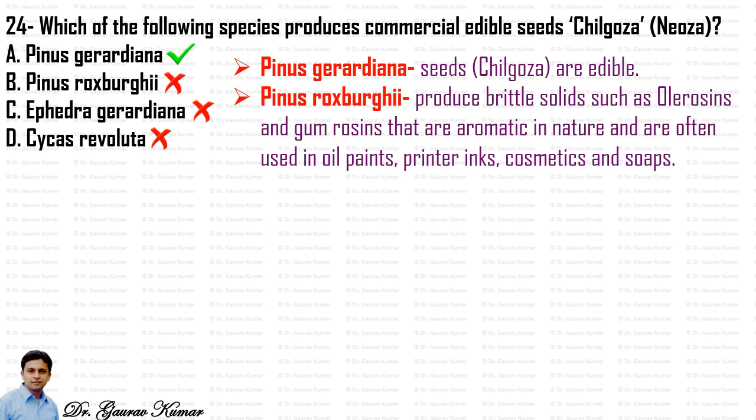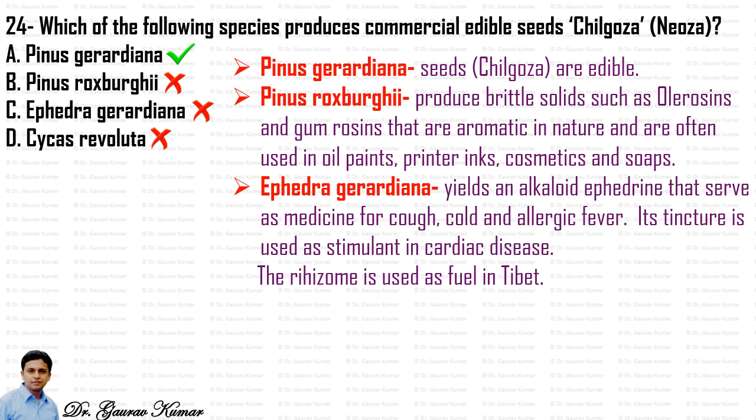Pinus roxburghii produces brittle solids such as oleoresins and gum rosins that are aromatic in nature and are often used in oil paints and printing as well as cosmetics and soaps. Ephedra gerardiana yields an alkaloid ephedrine that serves as medicine for cough, cold and allergic fever.